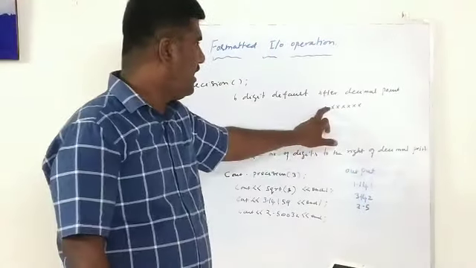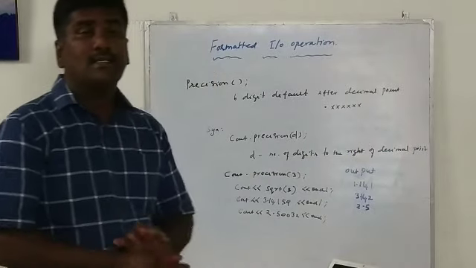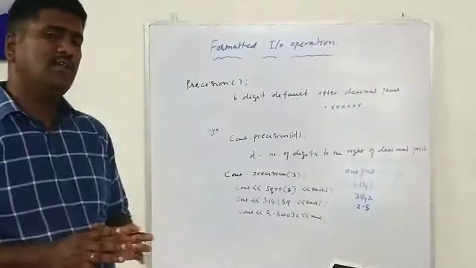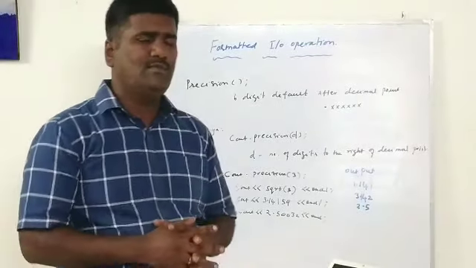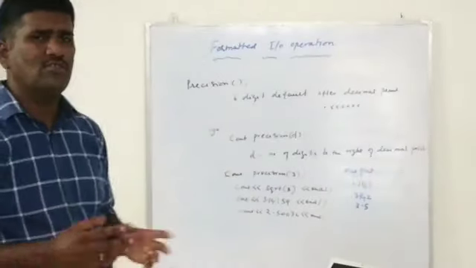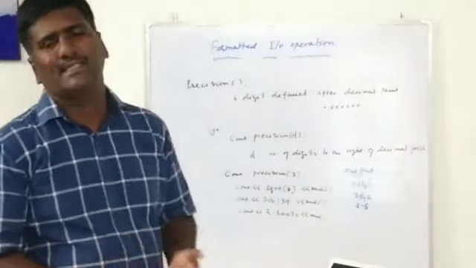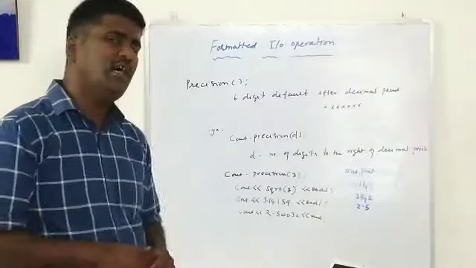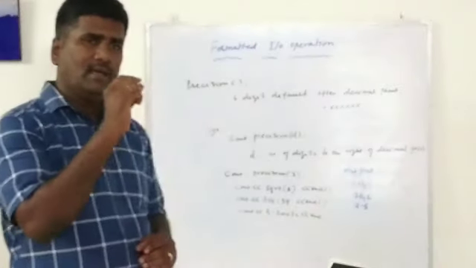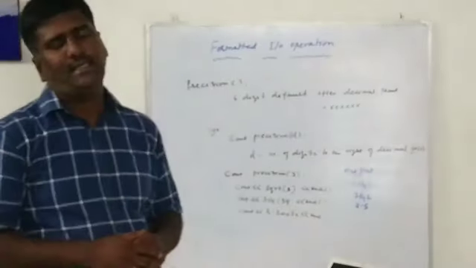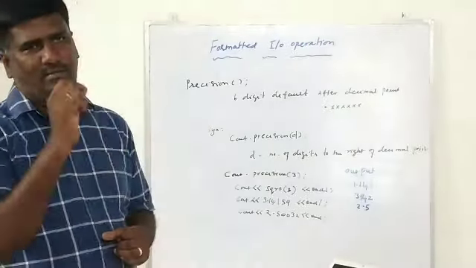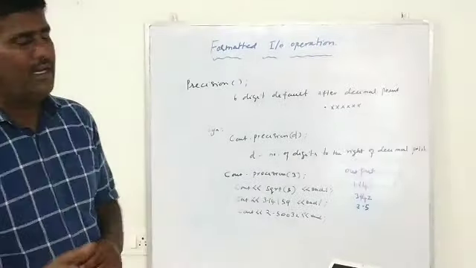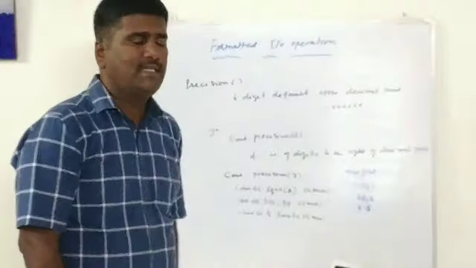Sometimes 6 digits are not necessary to print, so at that time we can specify how many digits will be printed after the decimal point. For that purpose we are using precision.